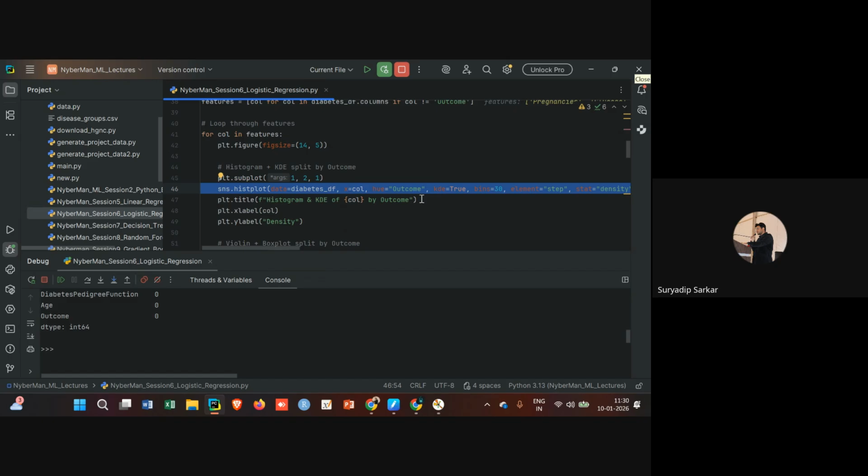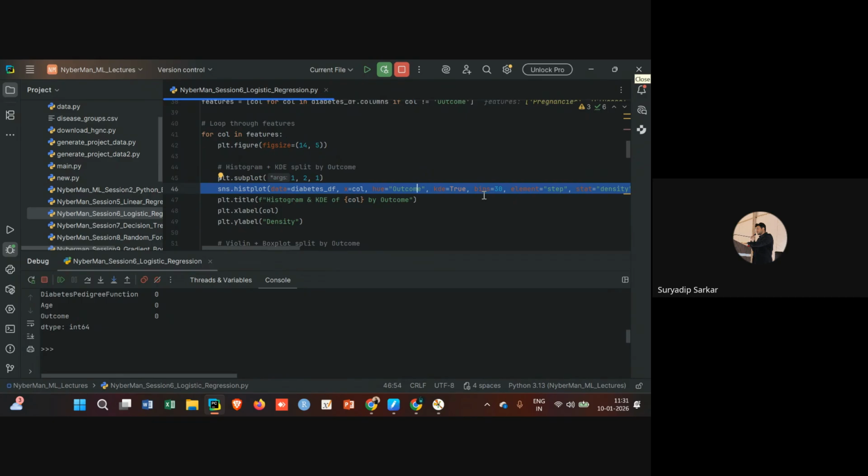So basically, it's a histogram and then a probability distribution function over the histogram, basically, right? That is what this KDE is. When I say that KDE is equal to true, KDE is nothing but the density, the probability density, basically. In technical terms we call it the kernel density, right? But it is nothing but the probability density.